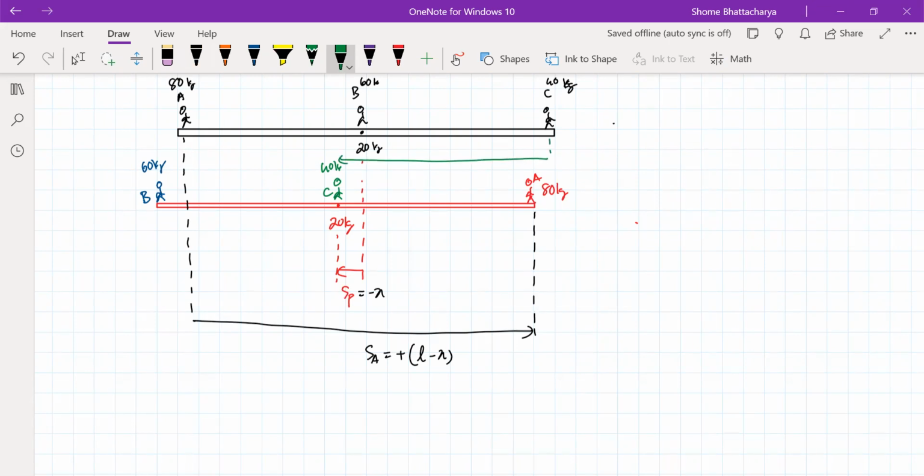This is C's displacement, so it will be minus of L by 2 plus X. And similarly, what is B's displacement in the ground frame?